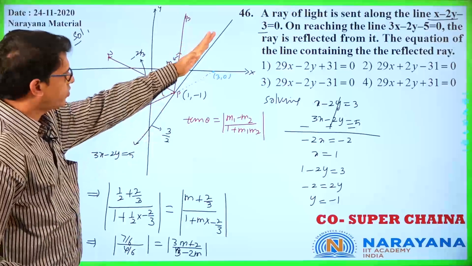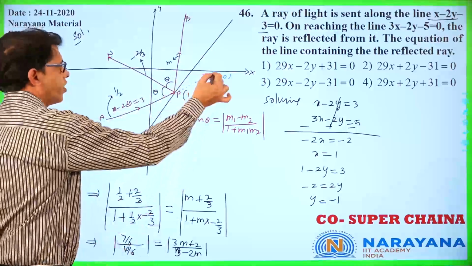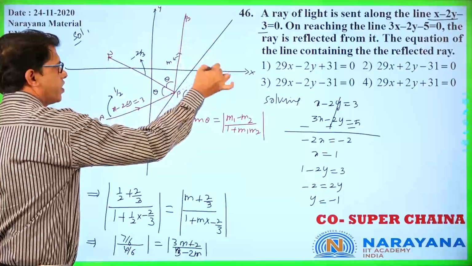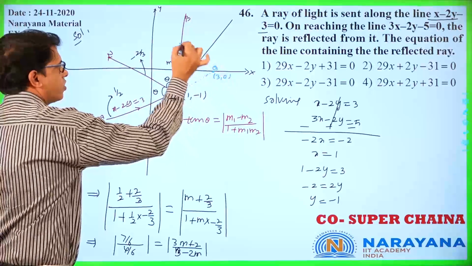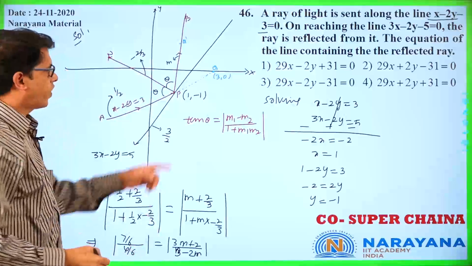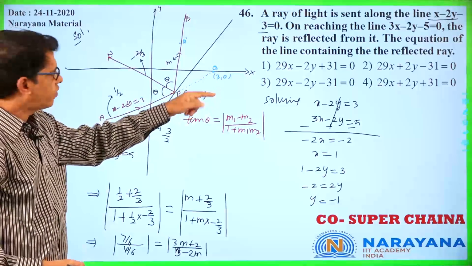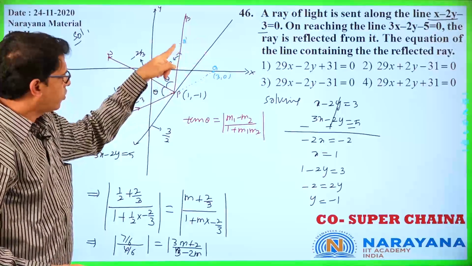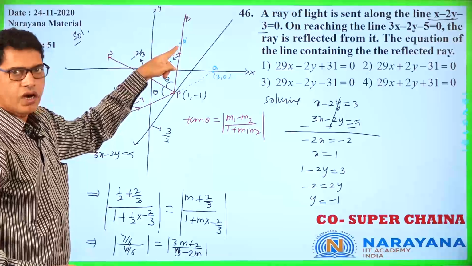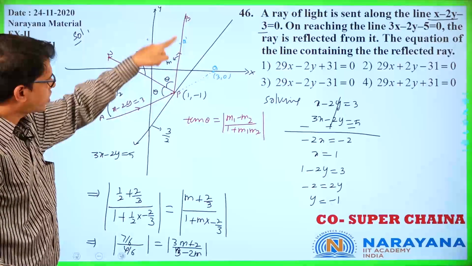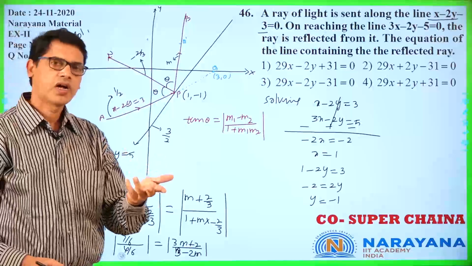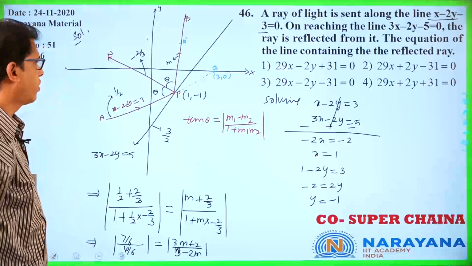Take this line as a mirror. The image of (3, 0) is somewhere here. Say this one is Q, and the image will be Q dash. So find the image of Q with respect to this line. You will get Q dash. After getting Q dash, this point is known. Then the equation of PQ dash is simple. That is another method. Okay. Next one.